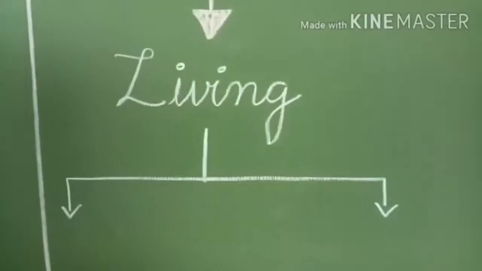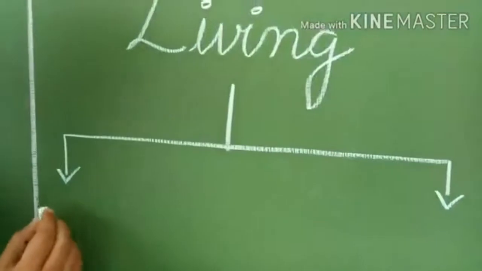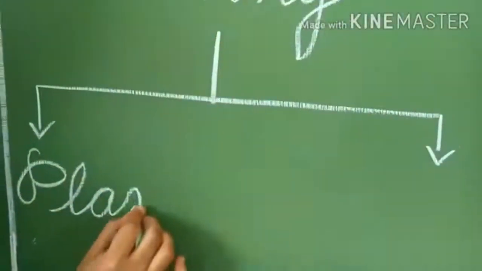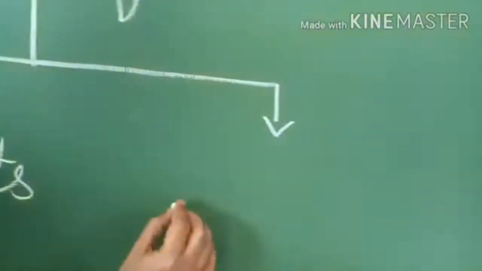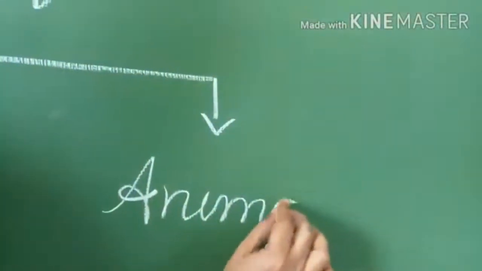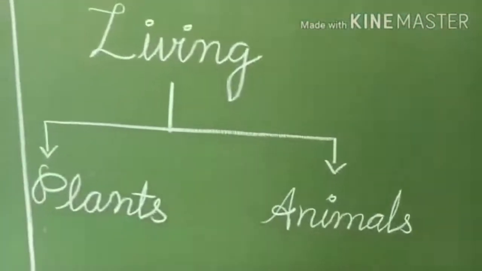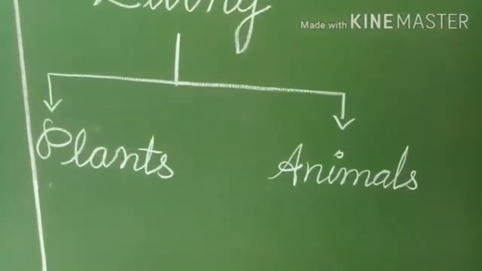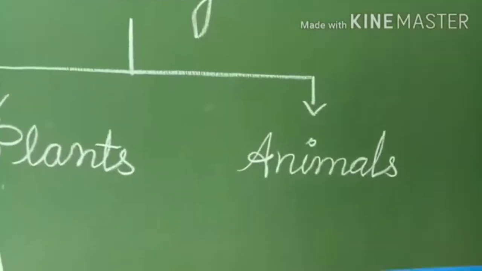Children, living things divided into two types. What are they? They are plants, PLANTS, and animals, ANIMALS. Living things divided into two types. What are they? They are plants and animals.